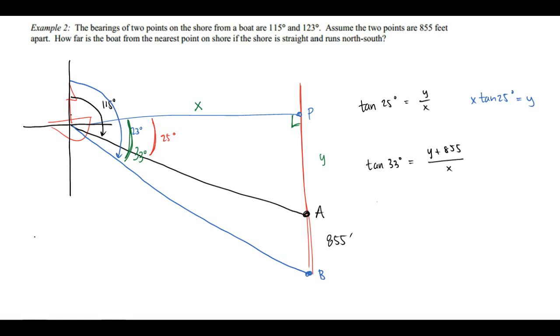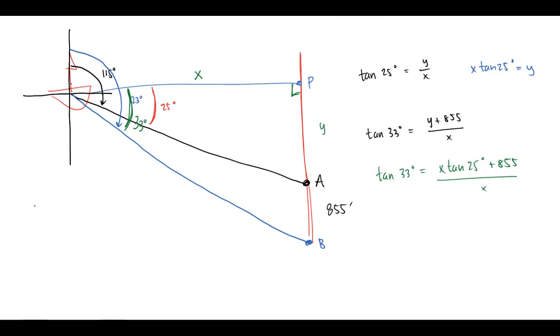So I got tan 33 equals x tan 25 plus 855 all over x. Now bad news, we got two x's in this problem, so we're going to have to turn that into one. So I'm going to multiply both sides by x for a second, and then that way at least we can try to get our x's on the same side.